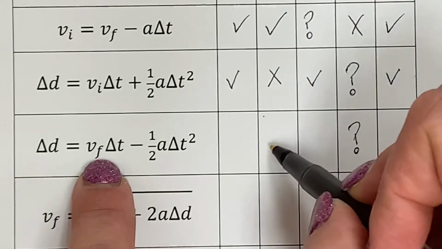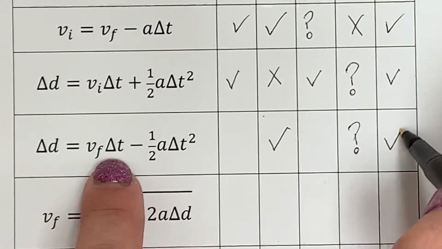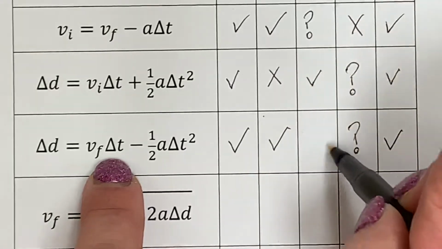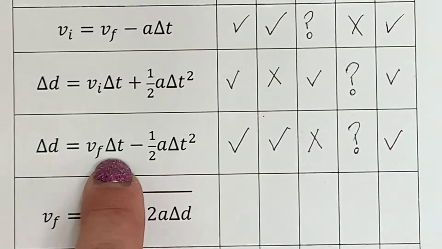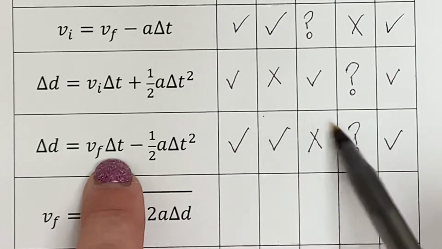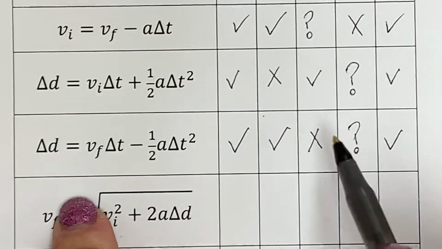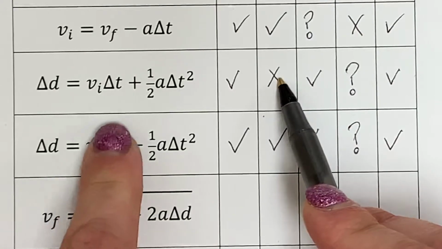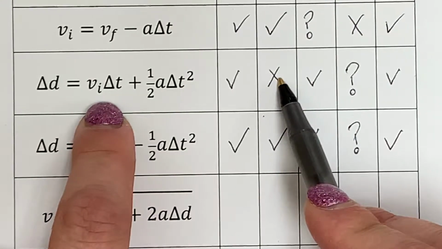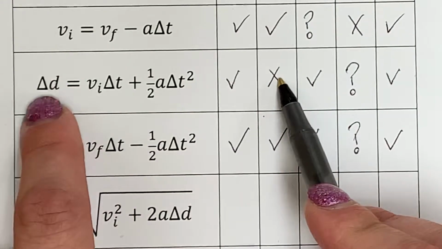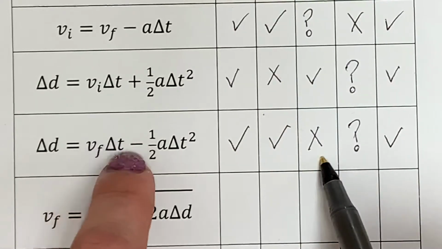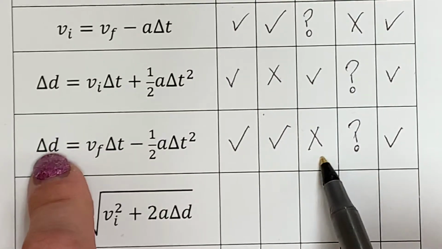Final velocity is present, change in time, and acceleration, but not initial velocity. So if you notice, these two formulas are very similar. If you're missing the final velocity, you can use this formula to solve for the displacement. Or if you're missing the initial velocity, you can solve for the displacement.